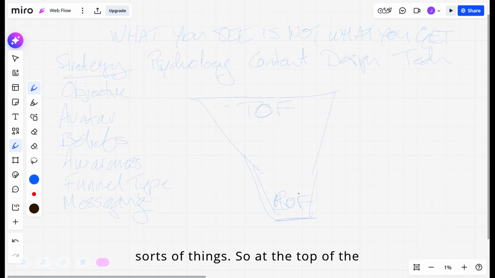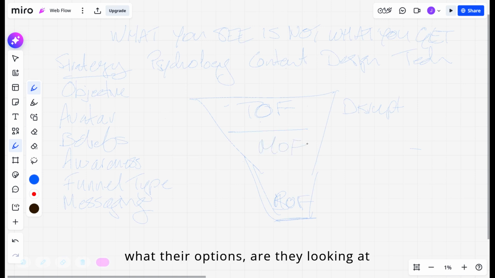So at the top of the funnel, you're trying to disrupt a belief or an assumption that people might have. So how you speak to that is going to be completely different from how you speak to people who are in the middle of the funnel, who are at the point where they are considering what their options are. They're looking at alternatives, becoming a lot more aware of what kind of solutions they're looking for, those sorts of things.